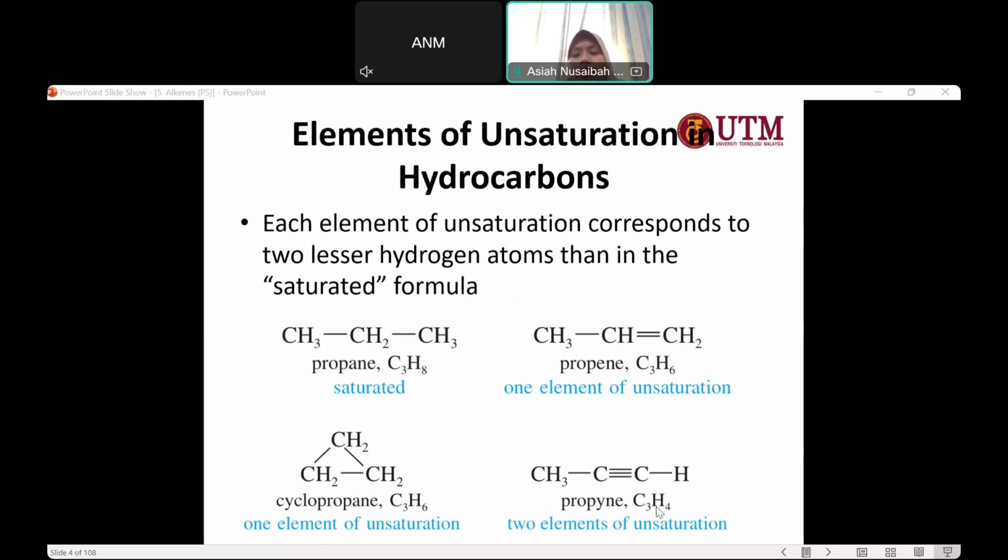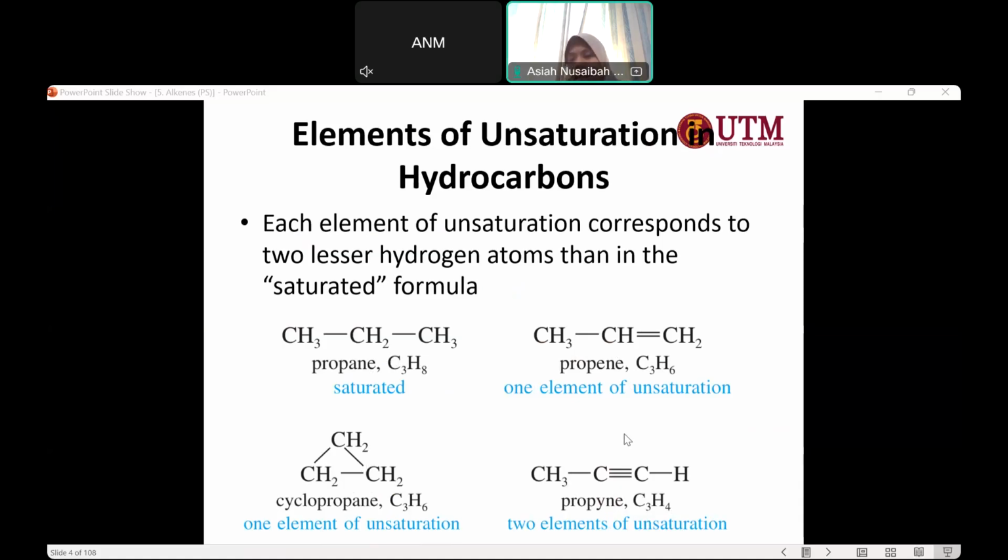Not only do we lack 2H, see how many H here: 1, 2, 3 C, so C3, 3H, 1H, 4H. So not only do we lack 2 hydrogen, but 4 hydrogen. Propane has C3H8, propyne has C3H4. That is why it has 2 elements of unsaturation as compared to propene and also cyclopropane.